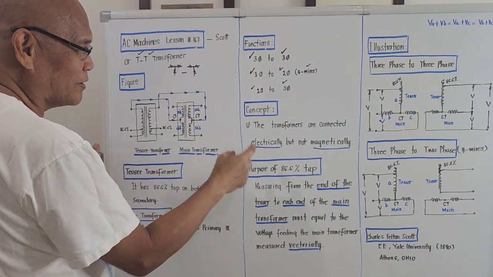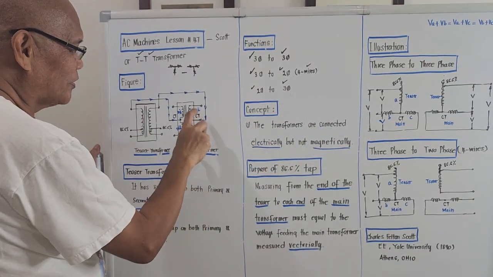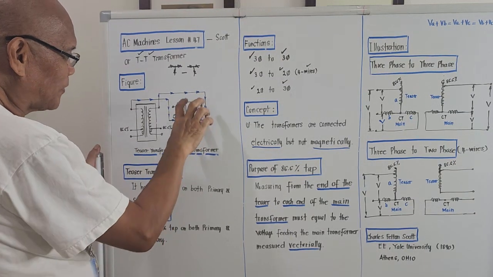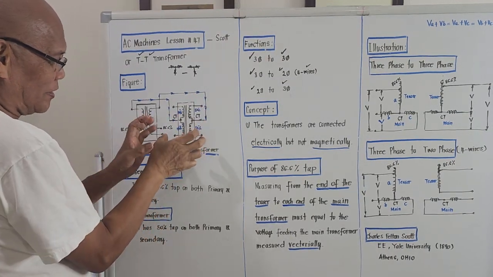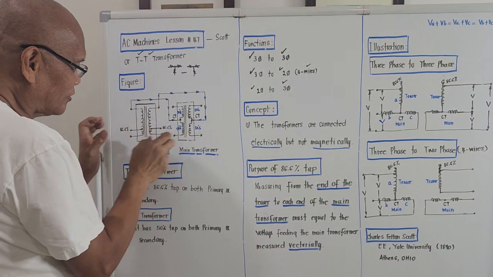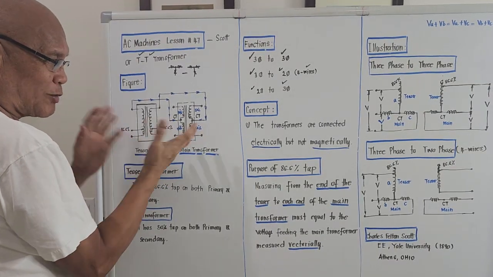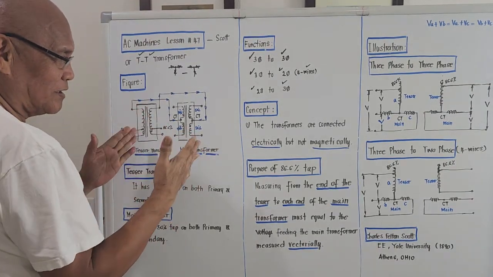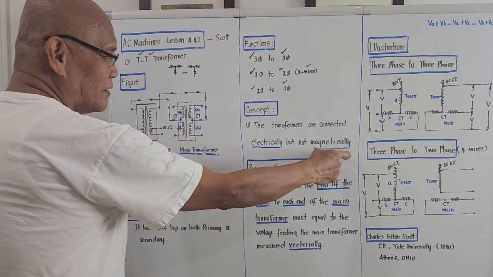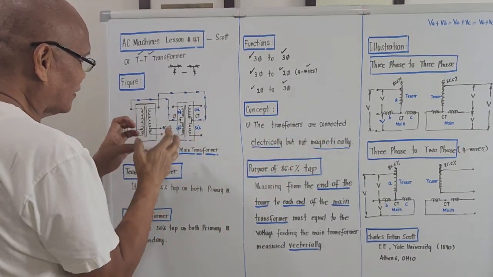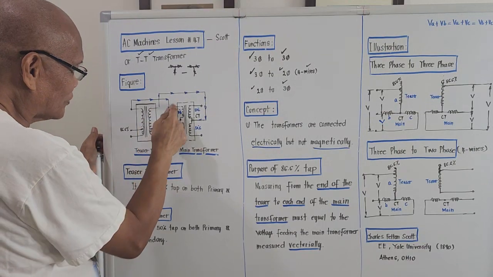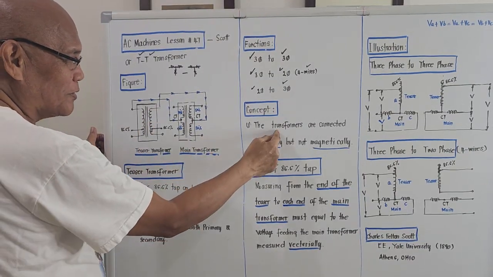That's why, according to the concept, the flux experienced by this transformer is not the same flux as this one. They are not connected magnetically, but they are connected electrically because we interconnect the connections. That's the meaning of this.